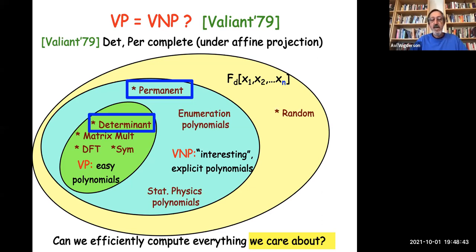So it's a very elegant notion of reduction, and under this notion of reduction, we'll see a demonstration of affine projection in a second, these two polynomials are complete.